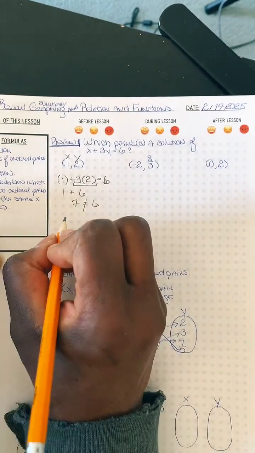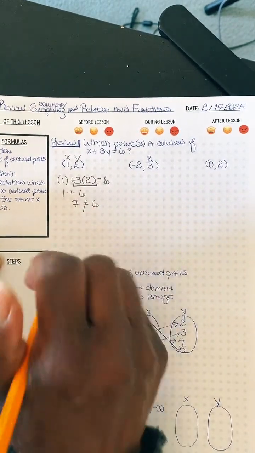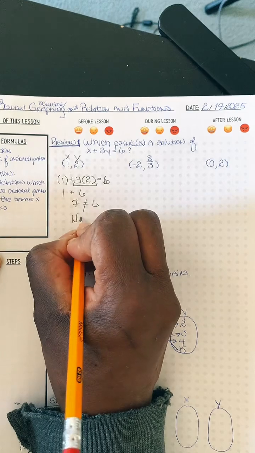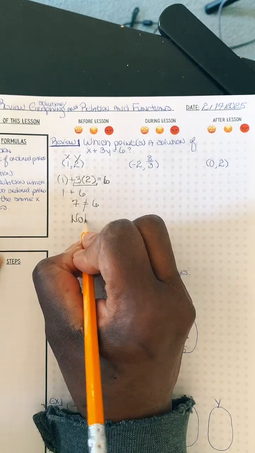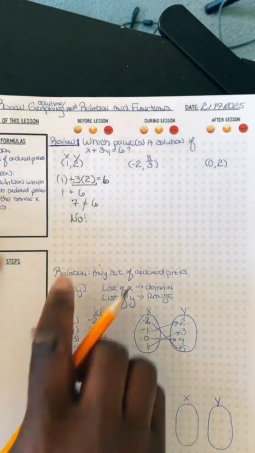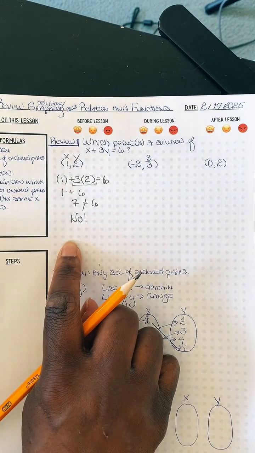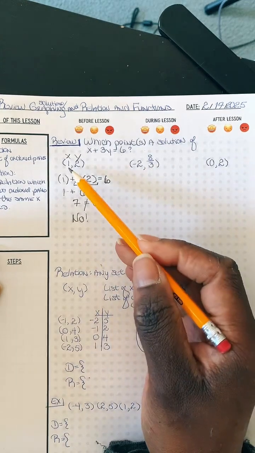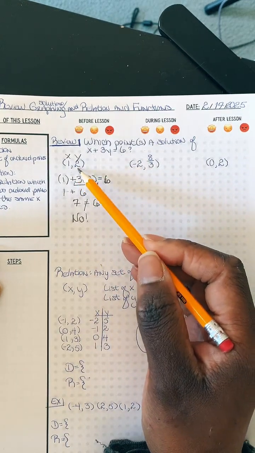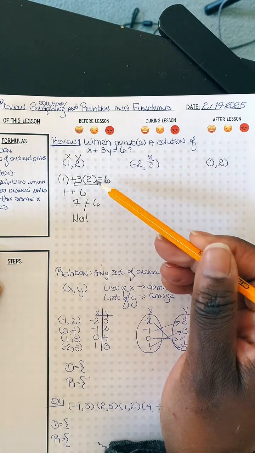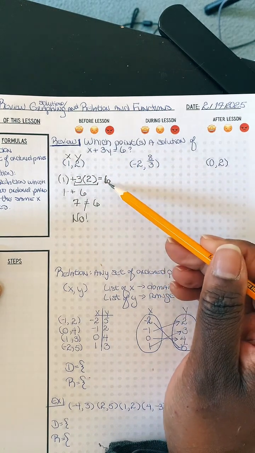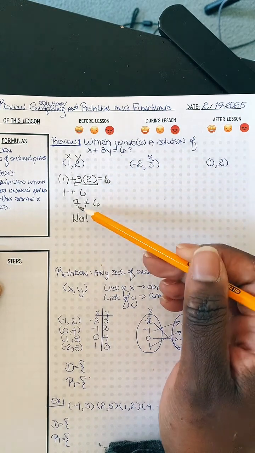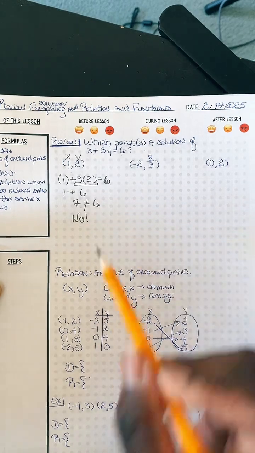So that means it is not a solution. I'm going to put a big capital U. When you come across these, all you're doing is plugging in your 1 for the x, your 2 for the y, and you want to see which one is going to give you what it equals. So 7 doesn't equal 6, boom, doesn't equal.